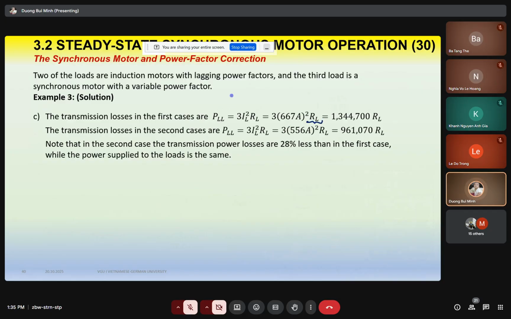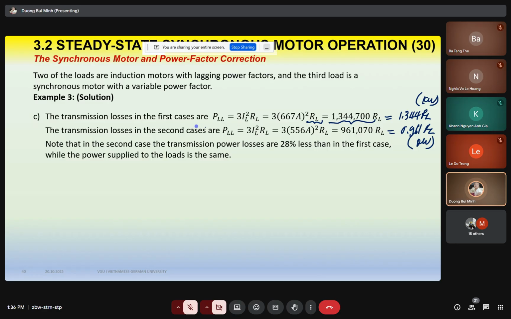So if all motors are lagging, we have power loss is 1.344 times RL kilowatt, and here you get 0.961 RL kilowatt.